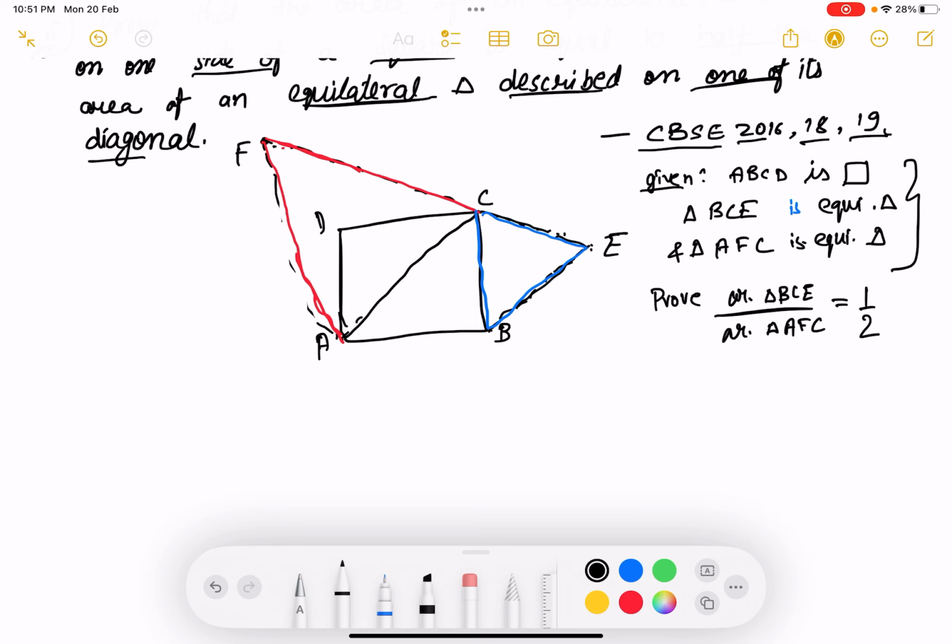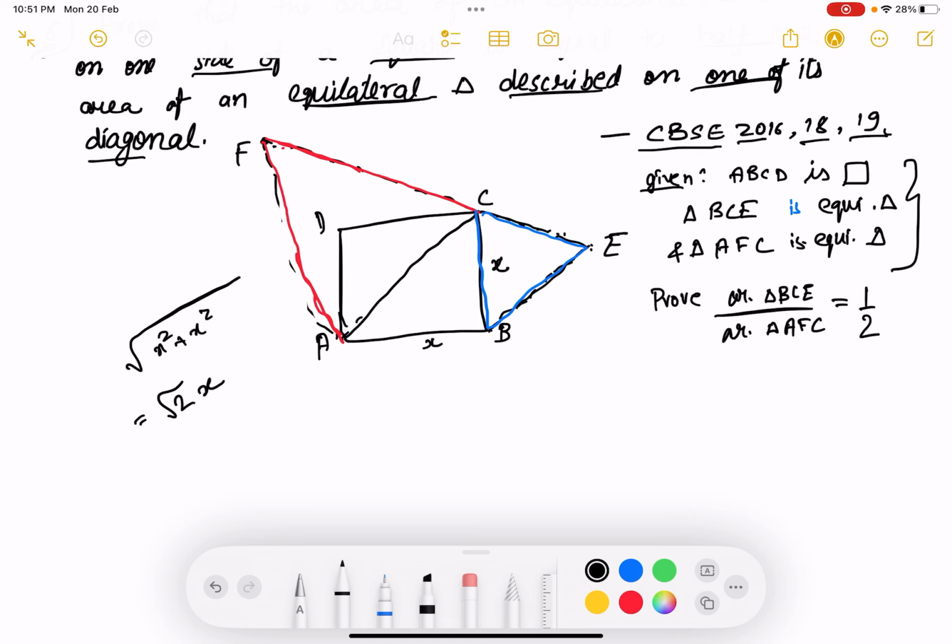First thing first, let this side be x. As this is a square, this will also be x, and this side will be, by Pythagoras theorem, the square root of x square plus x square, or root 2x.